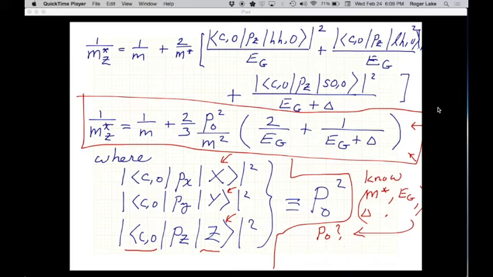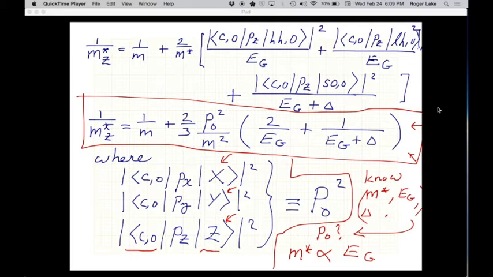And it's obvious that m star scales as the band gap, a proportionality, not an equality. So as the band gap gets bigger, your effective mass gets bigger. That's what that expression tells you, all other things being equal.